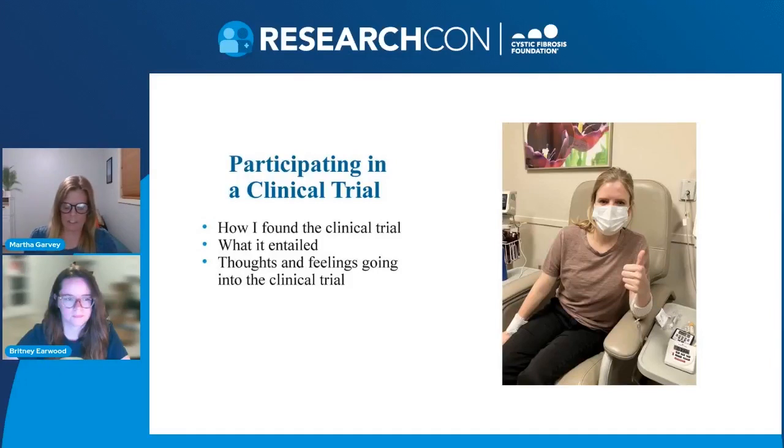So for me, phage was going to hopefully fight my Pseudomonas lung infections that I chronically culture. It's a natural enemy to bacteria, and it is found in soil and sewage and water. So it is everywhere. It's all around us, and it's very interesting. And I was definitely excited to learn more about it. I had a lot of thoughts and feelings going into it that I spoke about with my care team.